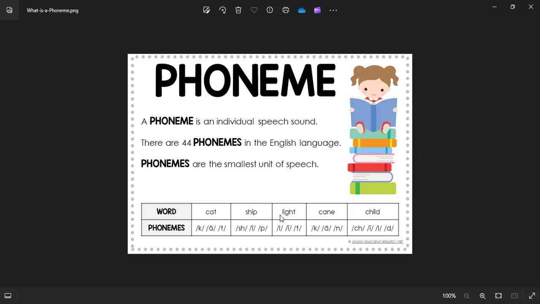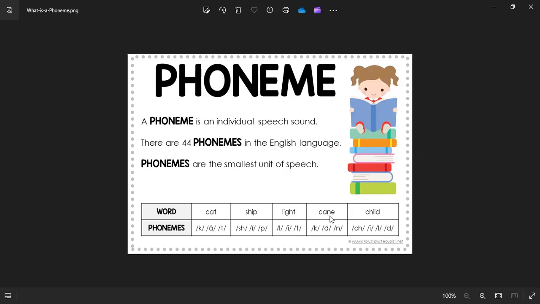So here I'm not bifurcating it into L, then I, then G, then H, then T. No. I, G, H all together make one sound as per Jolly Phonics. L is L, IGH is I, and T is T, light.